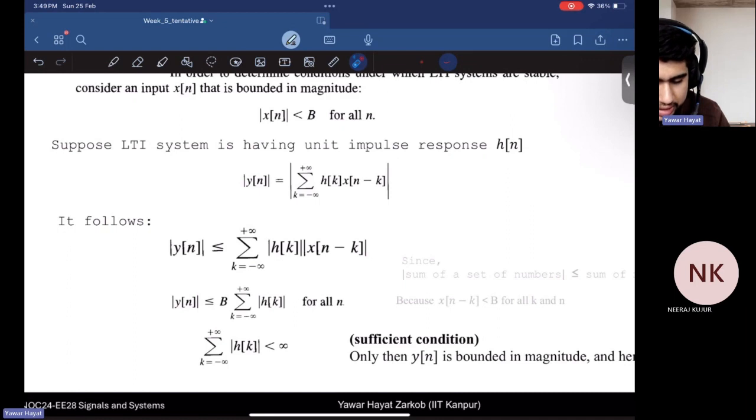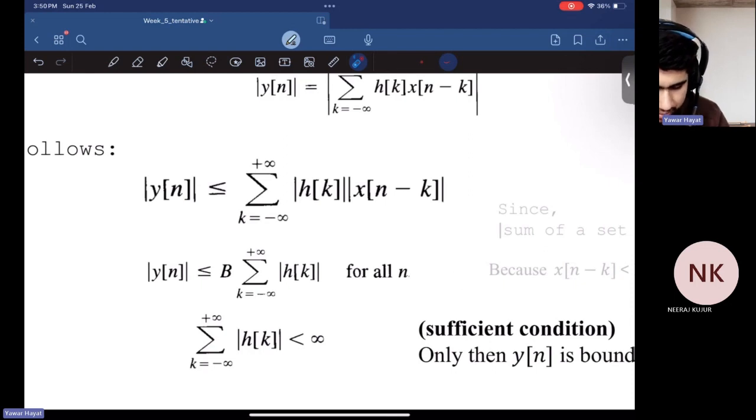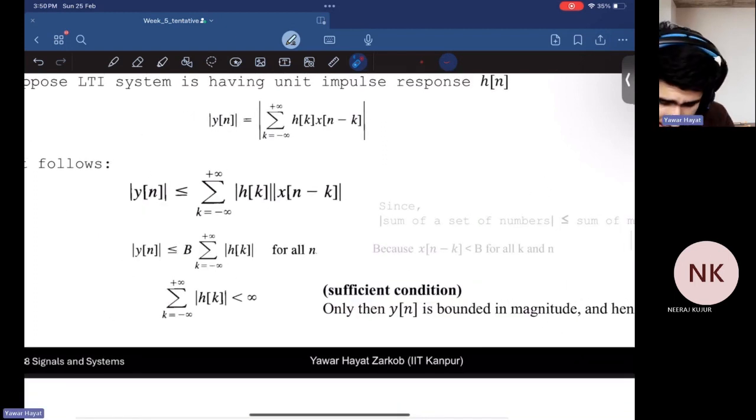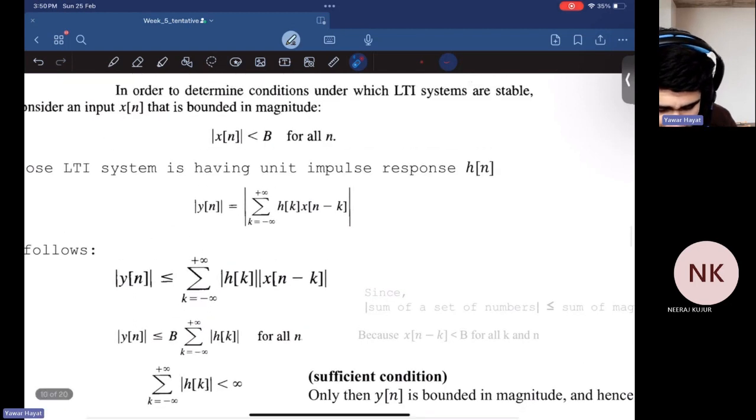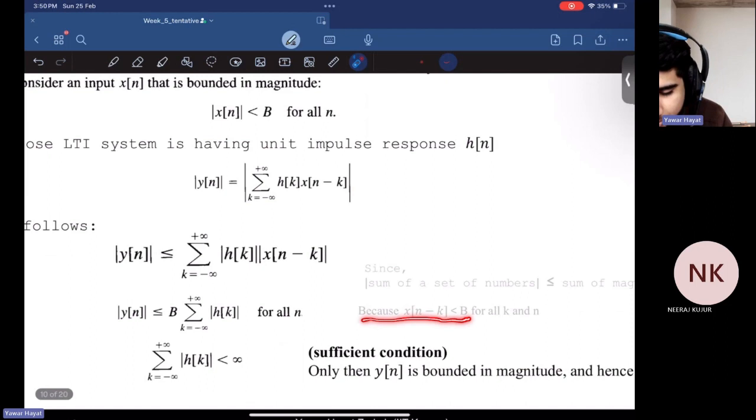So I can write the magnitude of y of n as less than or equal to b times the summation over k from minus infinity to infinity of modulus of h of k, for all n. Why? Because x of n is less than b for all n, so x of n minus k is less than b for all k and n.